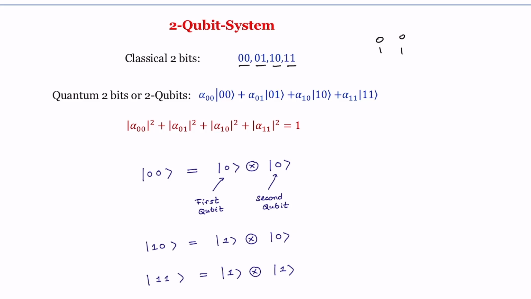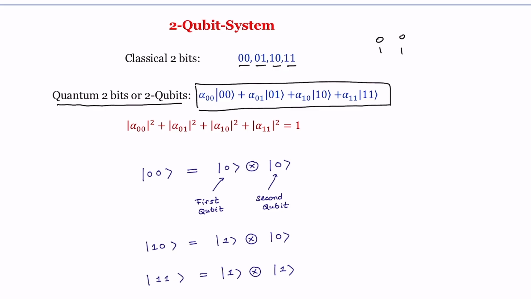But if we consider the corresponding quantum two-qubit system, then all of them can remain at the same time. It would basically be a superposition of K00, K01, K10 and K11. This superposition is constructed in such a way that all these coefficients, as you can see from here, satisfy these conditions.